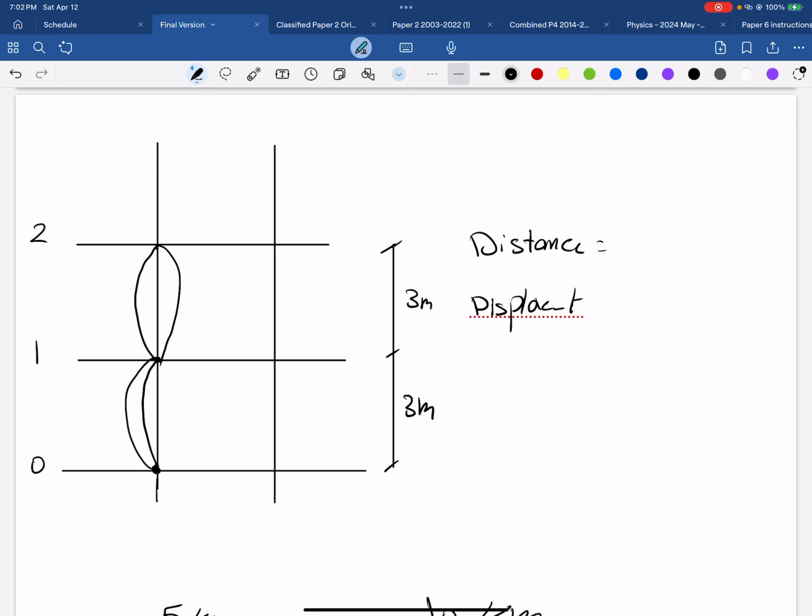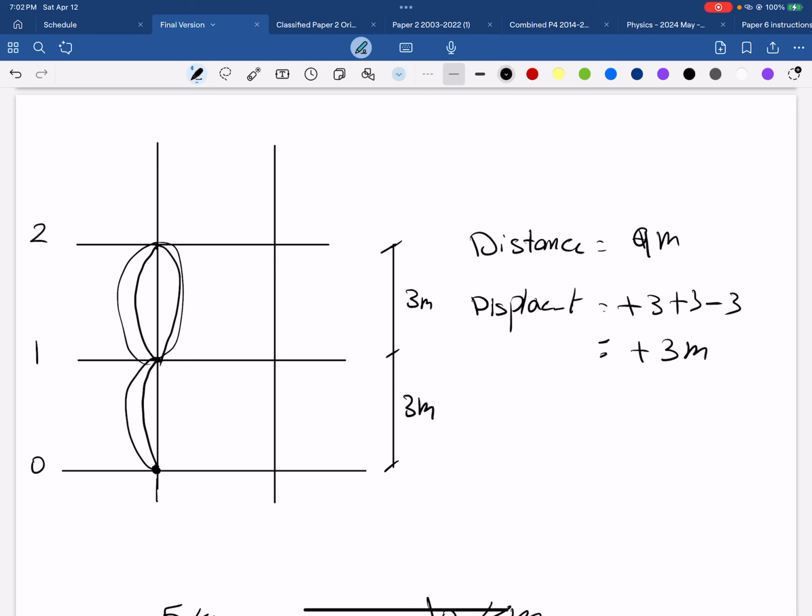So 3 plus 3, that is 6, plus 3 again, that is 9. So that is 9 meters, okay? But for the displacement, you go up plus 3 and then again plus 3 and then you go down a negative 3. So your total displacement is basically positive 3 meters, okay? So that is the difference between distance and displacement when you're going vertically.